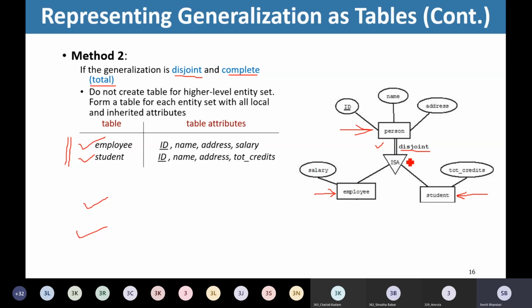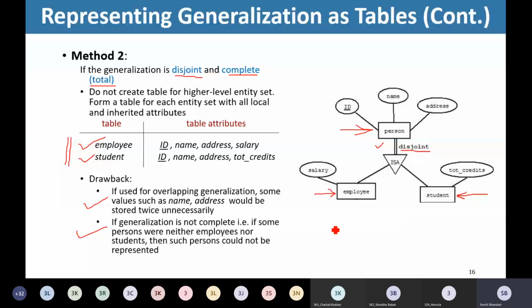So when should we go with method number 2? Ideally, whenever the generalization is disjoint and complete or total, we should opt for method number 2. Otherwise, we may face some problems, and we have listed those problems as well. What happens if my generalization is overlapping, and what happens if my generalization is not complete?